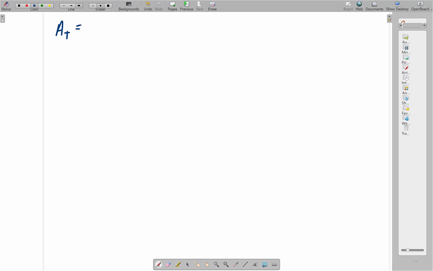AT, finding the area with the trapezoidal rule, approximates, that's not equals, h over 2 times y0, your first term, plus 2 times y1 plus 2 times y2, and on until you get to 2 times y to the n minus 1 plus y to the n.